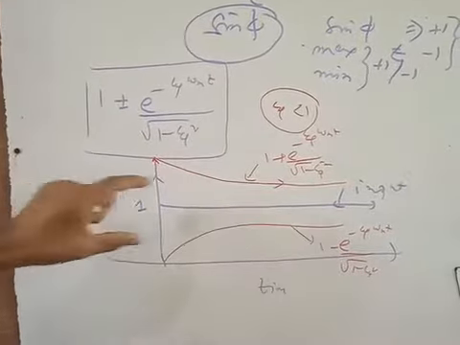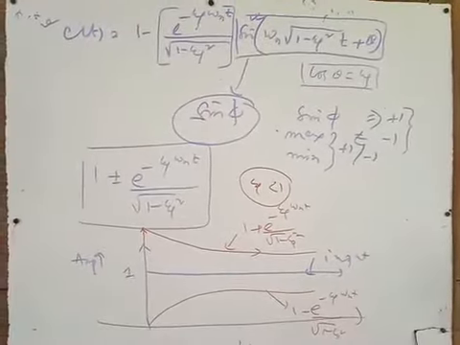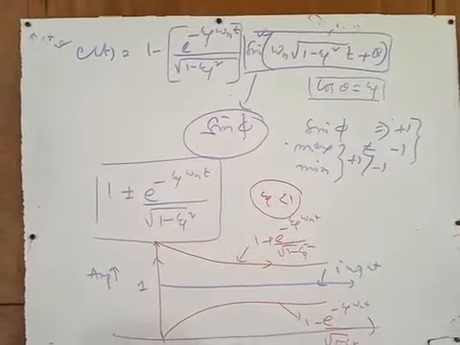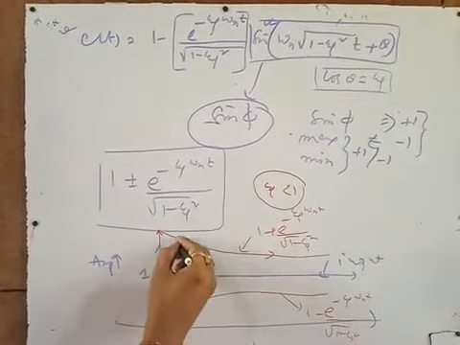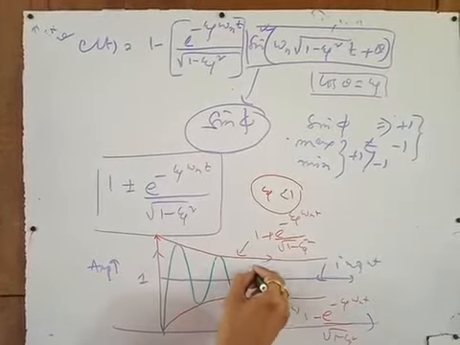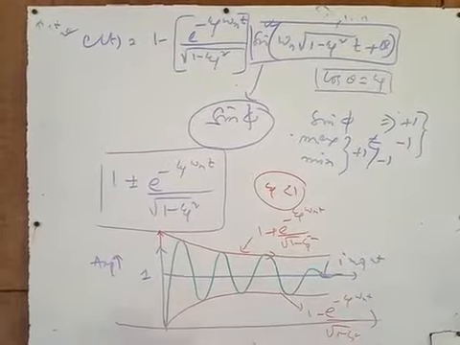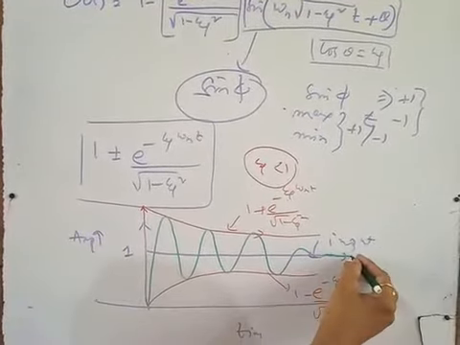So these are the two envelopes. Within this, a sinusoidal signal is moving. How will the sinusoidal signal look? That is your output signal, and you see the output signal follows this envelope, and ultimately it goes to this.